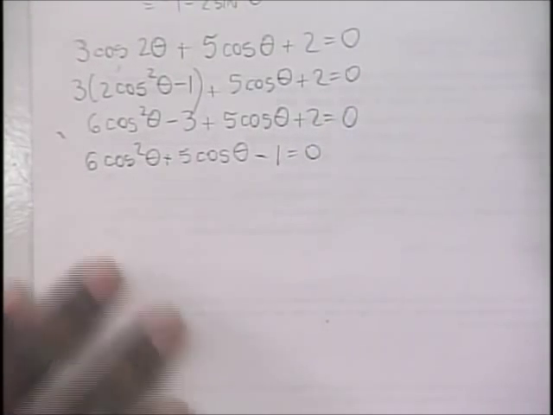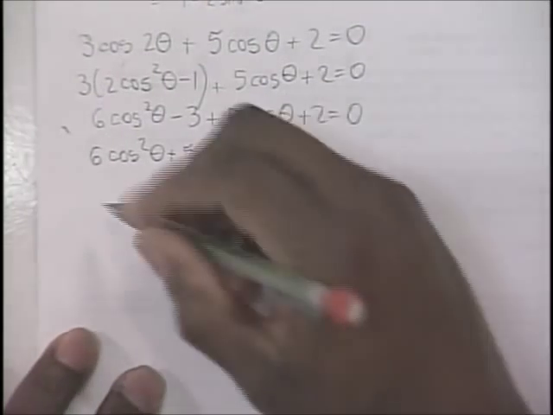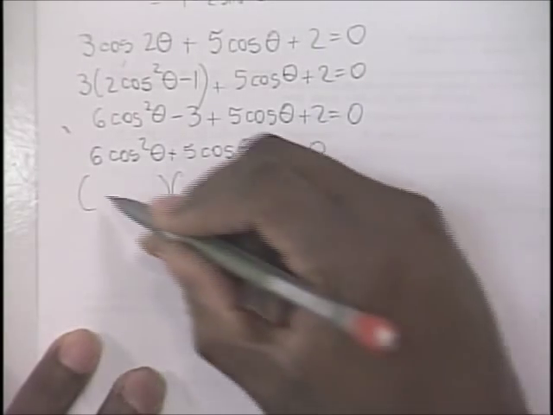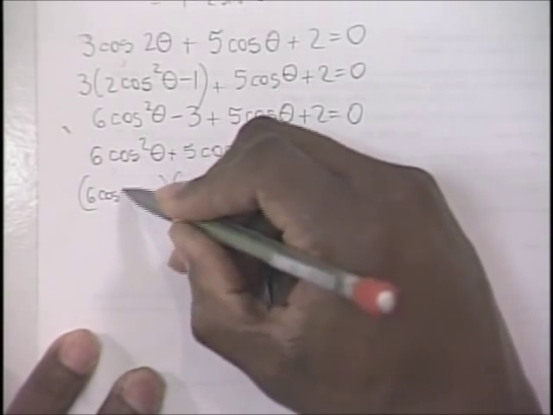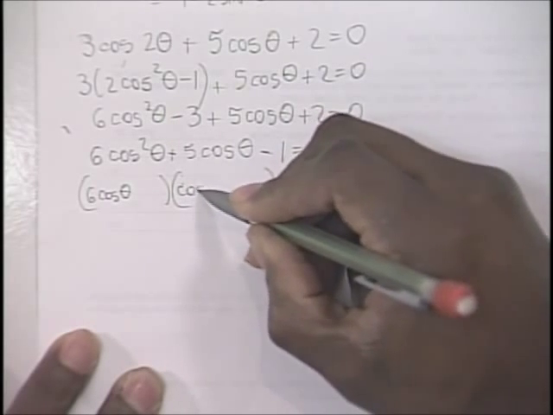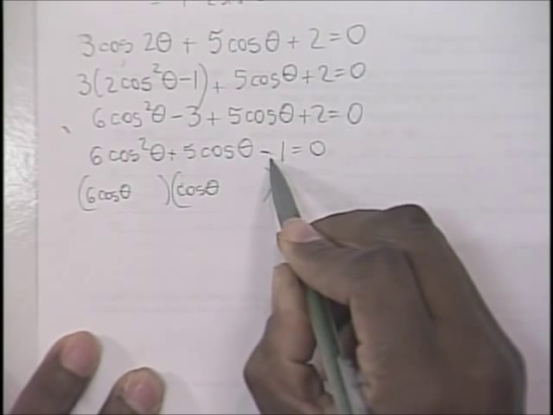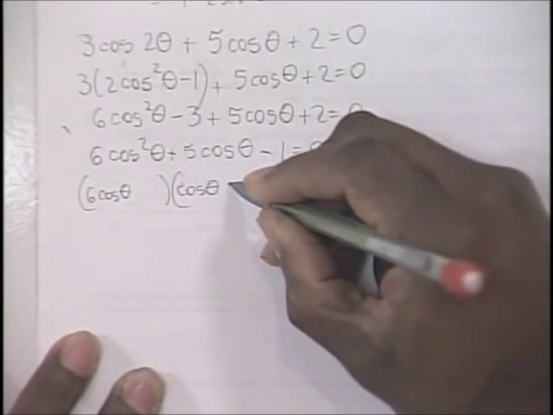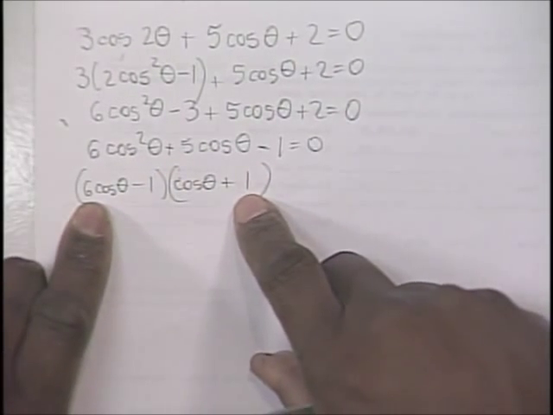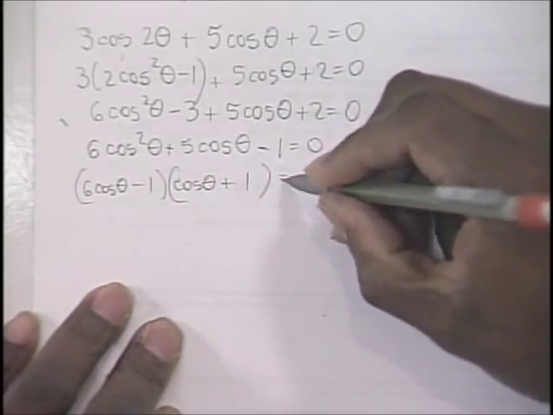Okay, so now let's try to factor this. We factor and get 6 cosine theta and cosine theta, and the two terms multiplied together give you negative 1. Let's make that plus 1 and minus 1, and if you check that, you see that you get the 5 cosine theta that we want, and that's equal to 0.